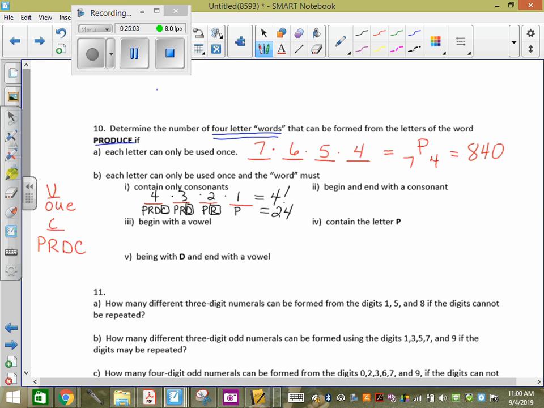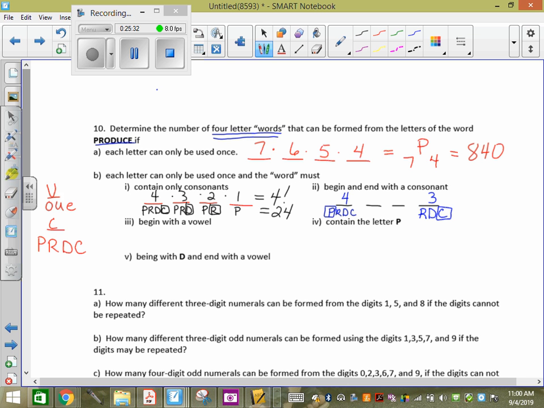Number 2 says begin and end with a consonant. So I have to begin and end with a consonant. Are there any restrictions on the 2 middle letters? No, so I'll do them last, and they can be anything that I haven't used up to that point. So begins and ends with a consonant. So I have P, R, D, C. So I have 4. I'm going to hold the P. Then I have R, D, C, which is 3.